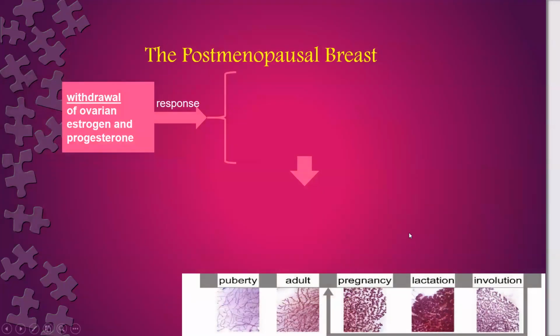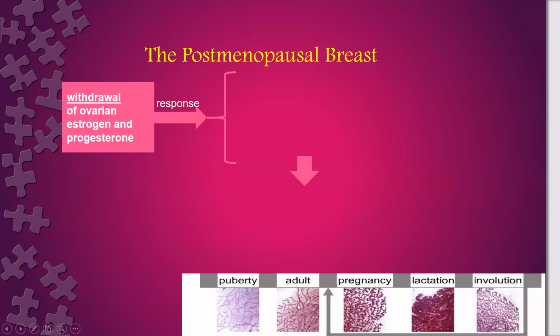Okay, so let us go to postmenopausal. As we mentioned here, during pregnancy, lactation, and in adult life, the alveologenesis and the gland proliferate too much. So what will happen during postmenopause?